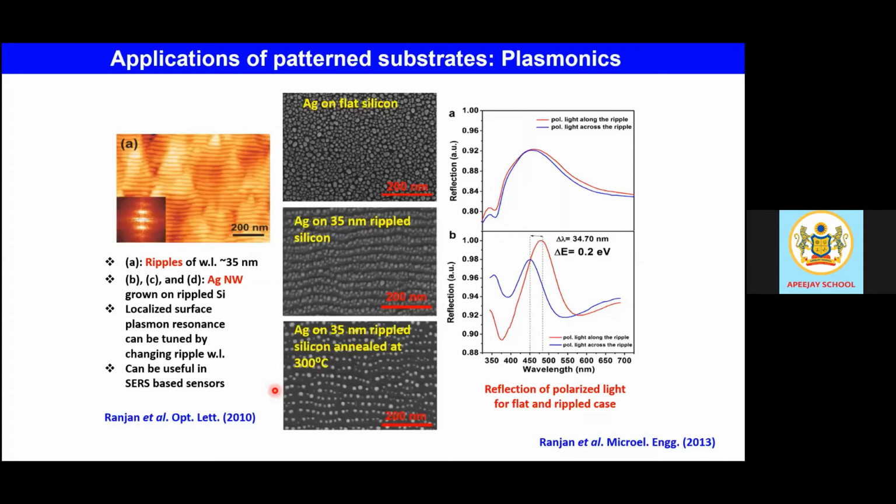This will touch upon all those things. Let's start with the application of patterned silicon surface in the form of rippled silicon created at an energy of 500 electron volt argon ions at an incidence angle of 65 degrees. And that gives rise to these ripple patterns.